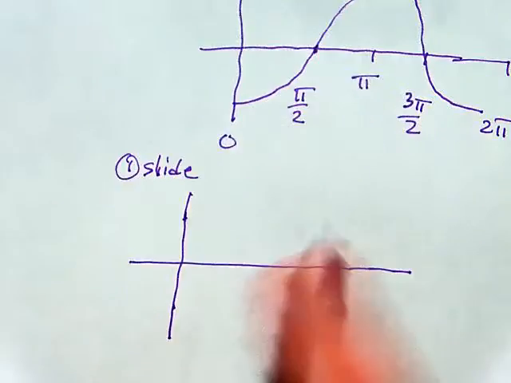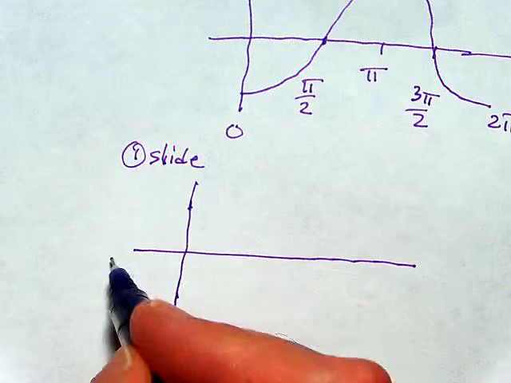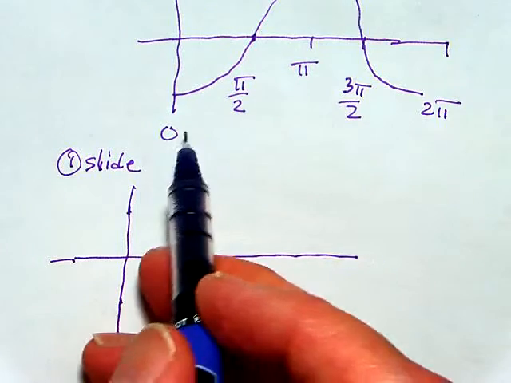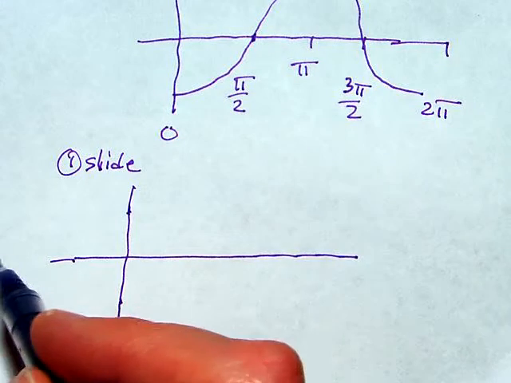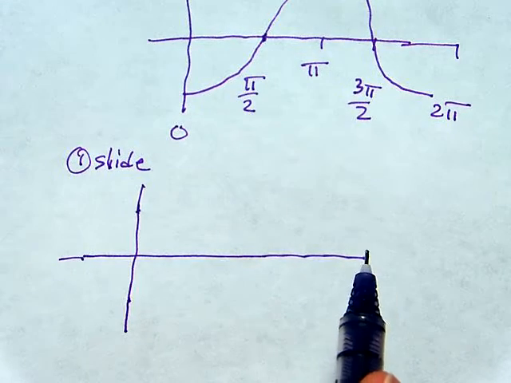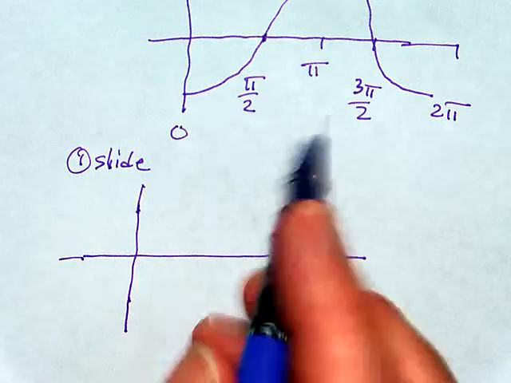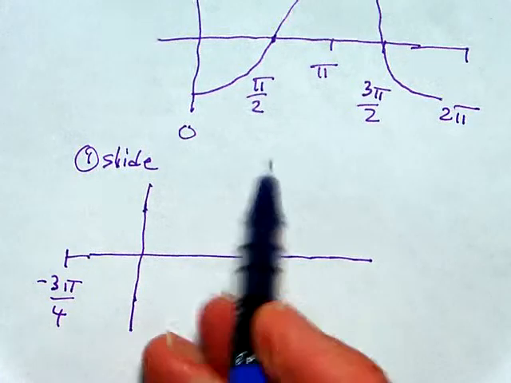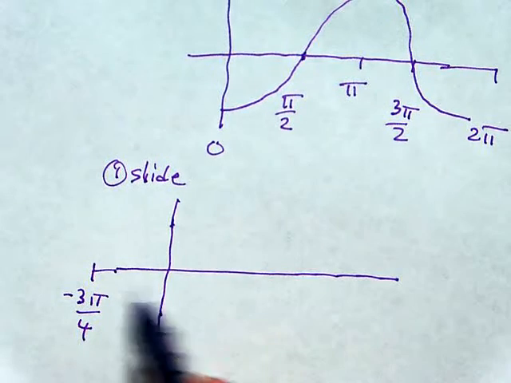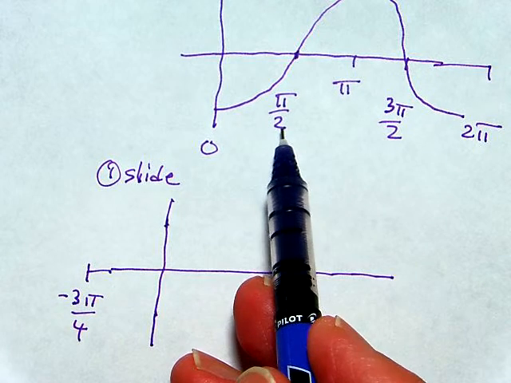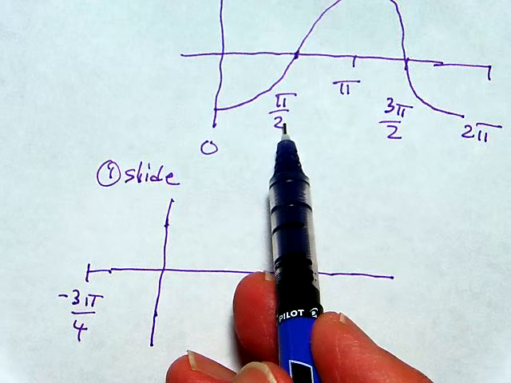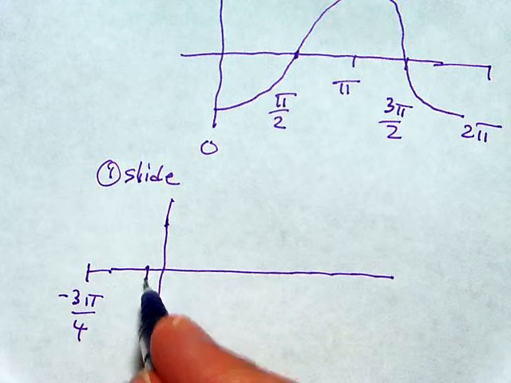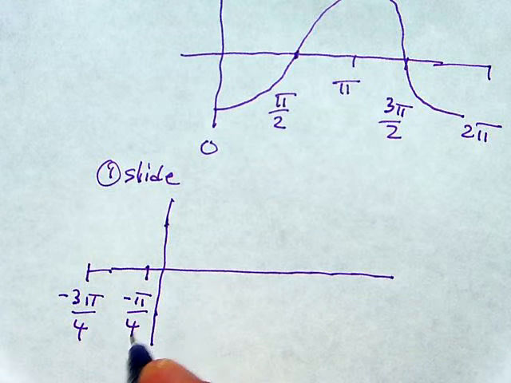So we've got to subtract 3/4 pi from each one of these values and then redraw the curve where those values fall. So 0 obviously becomes negative 3 pi over 4. And this may not be to scale. Okay. Pi over 2 minus 3 pi over 4 is going to be negative pi over 4.